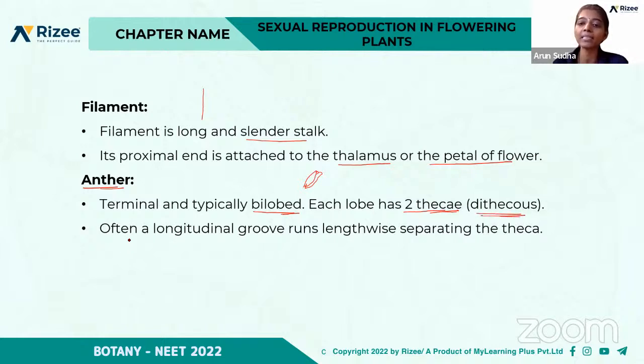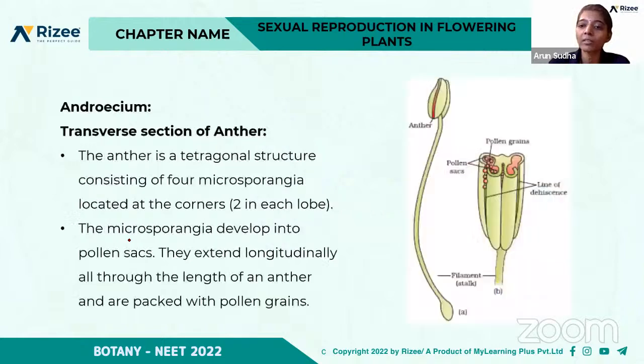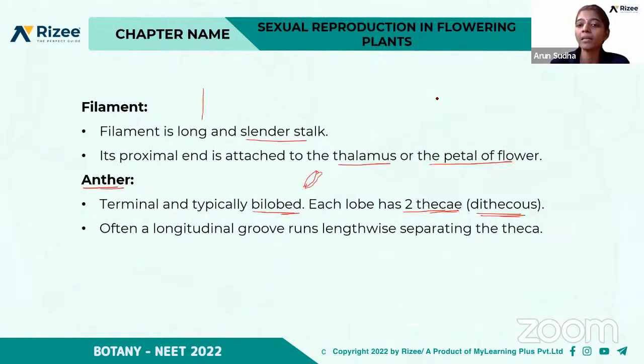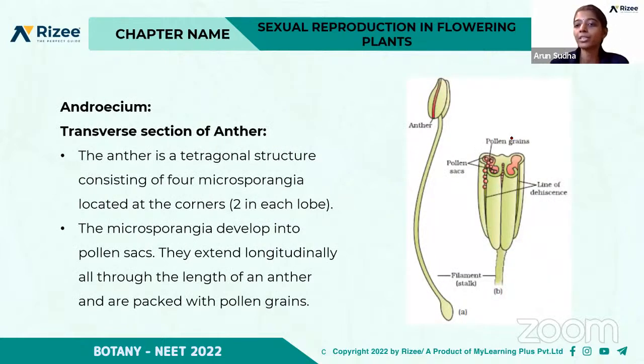So if you see the structure again, this is the filament, and this is the anther. Here it is two lobed, so it is called dithecous. Often a longitudinal groove runs lengthwise, separating the theca. In between we can see the separation, so this is a longitudinal groove that runs between the two theca.